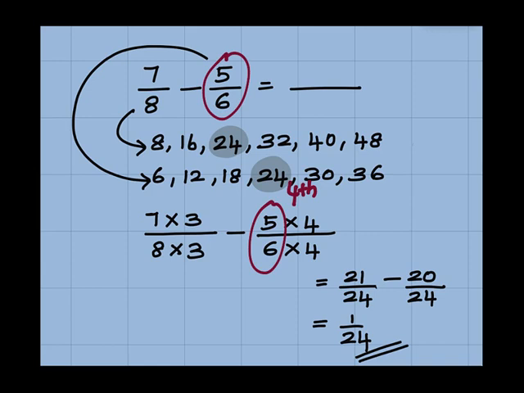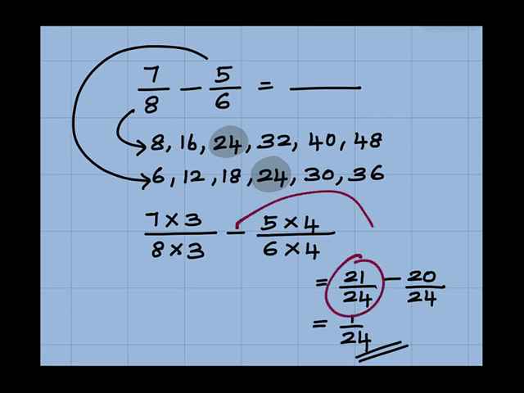So that is why we got 21/24 minus 20/24. If you see here, we got like units in the denominator, 24 and 24, and it's easy to subtract. 21 minus 20 is 1, so 1/24 is the answer.